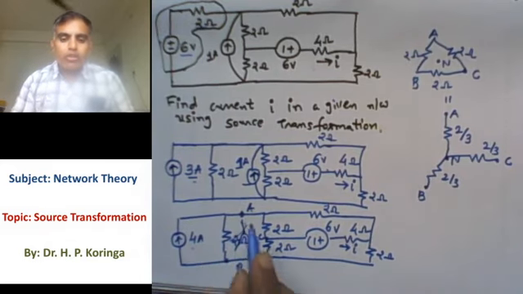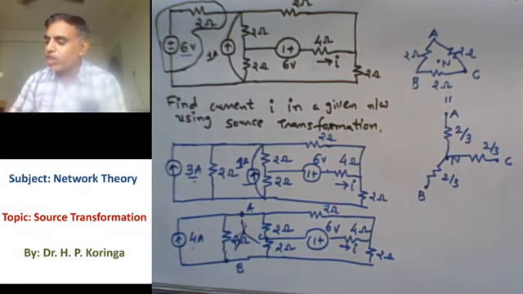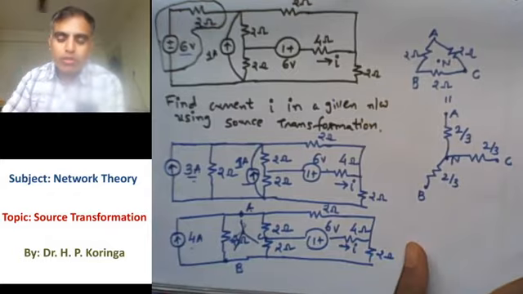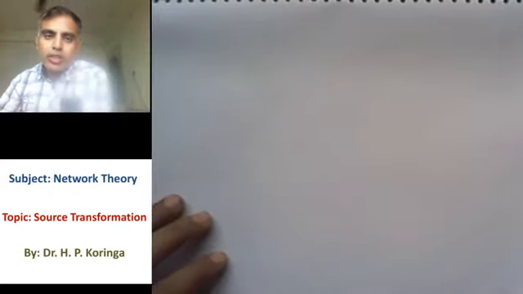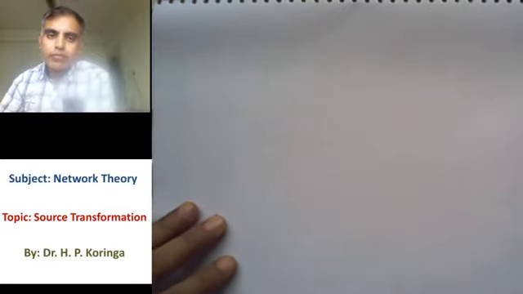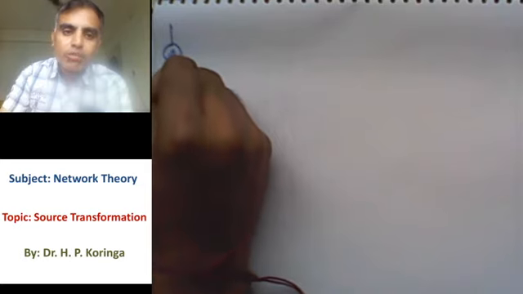So let me redraw the same network by converting this delta of 2 ohm into star connection. It will help us simplify the network. That's why we have converted. Let's see how it will be helpful. Here we have the 4 ampere, which we keep as it is.